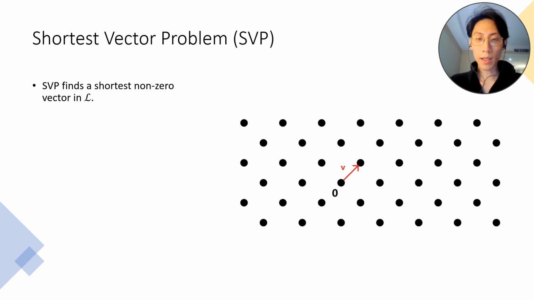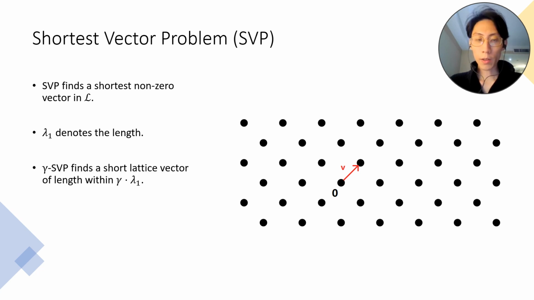So again, in this two-dimensional lattice, the red vector v would be a shortest non-zero vector. So this vector would be a valid solution to the SVP instance. And typically, we use lambda1 to denote its length. With lambda1, we can then define the approximate version of SVP.